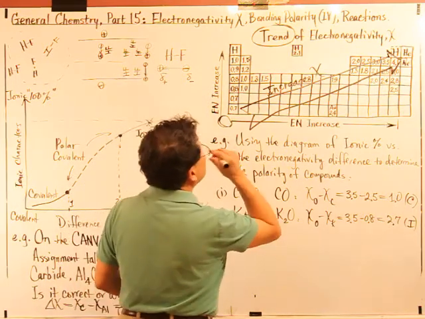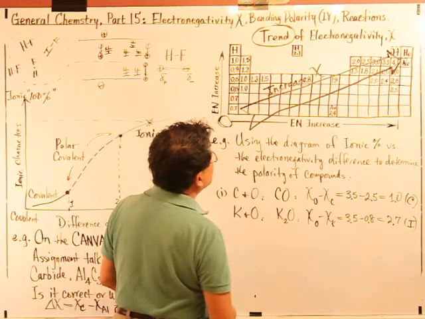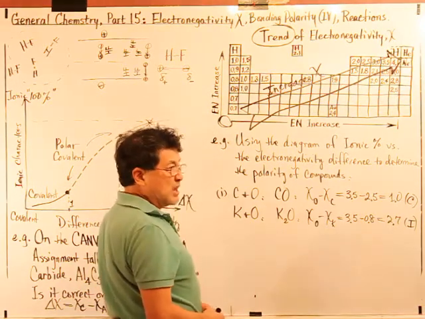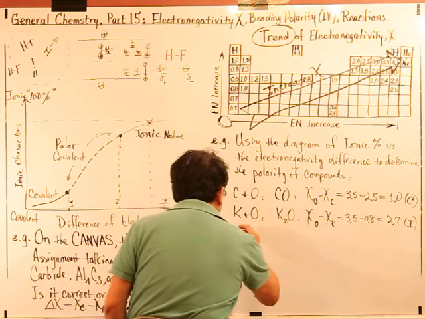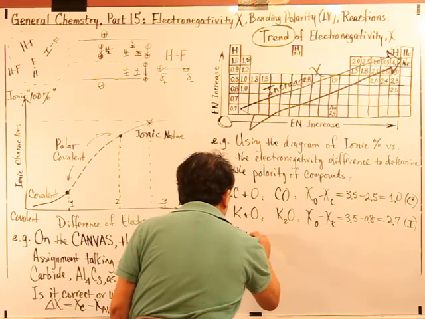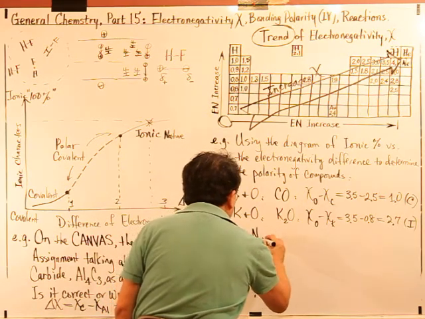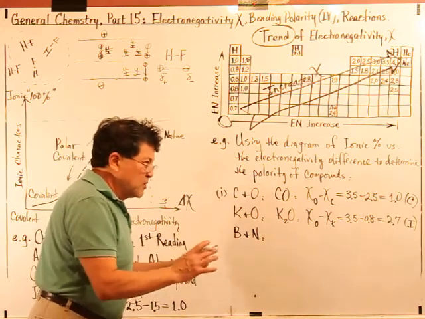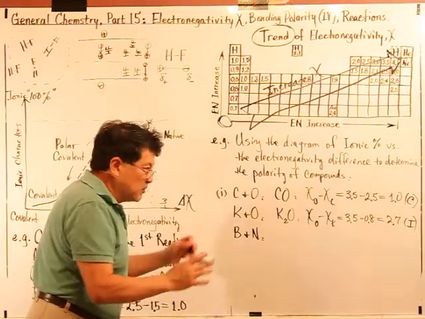And then let's see, if you have boron nitride, between boron and nitrogen, right? There are several, 3 or 4 different kinds of structure for boron nitride.